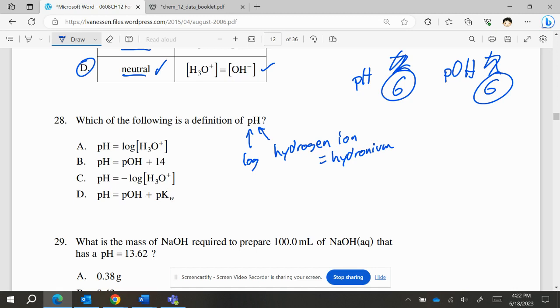So which one of these equations puts hydrogen on a logarithmic scale? This one and this one, but since it's a negative log scale, that's our answer right there.